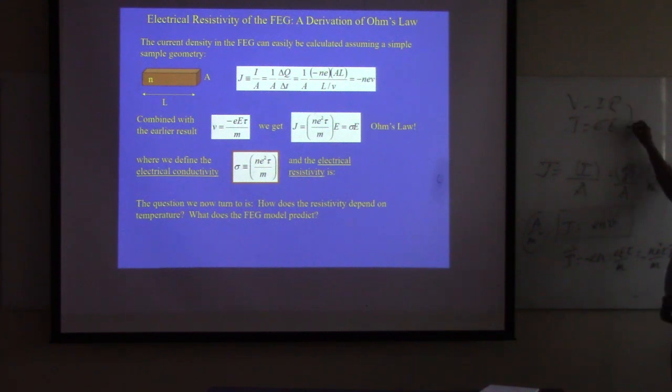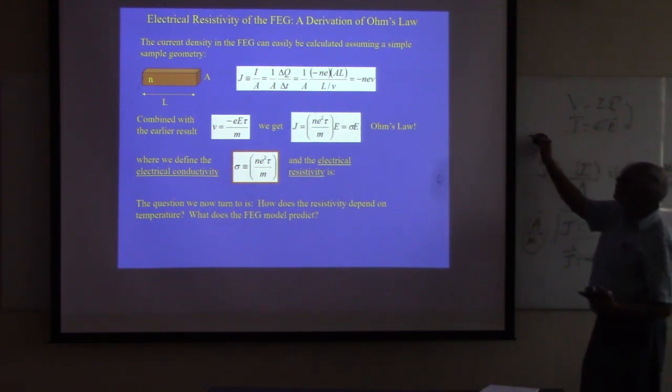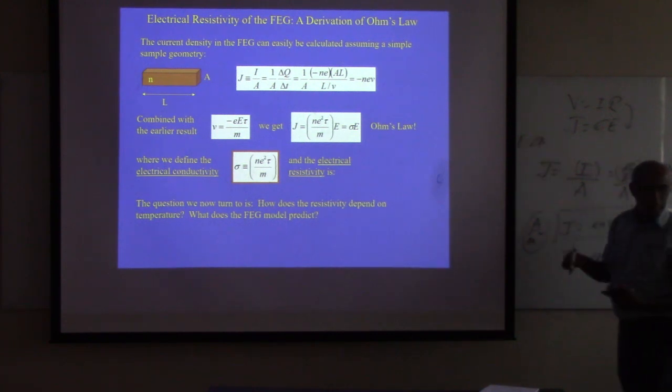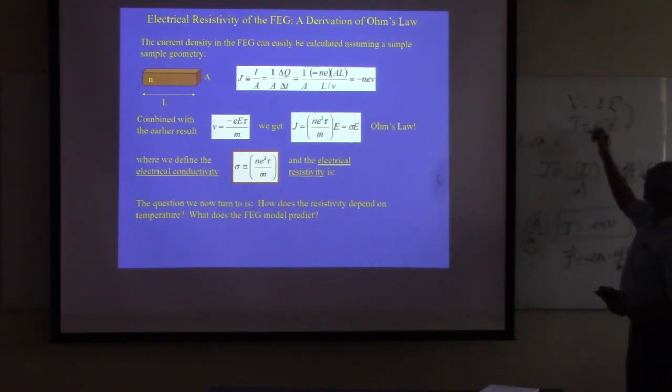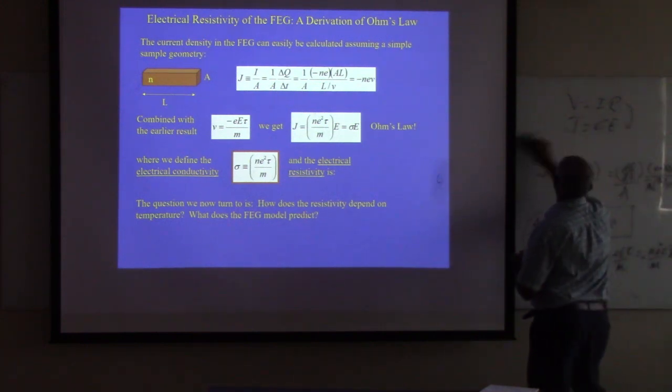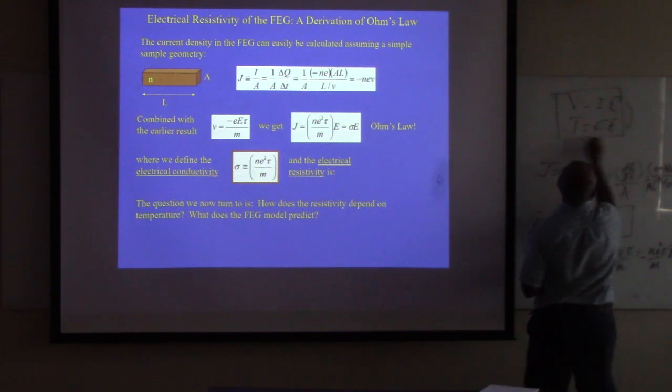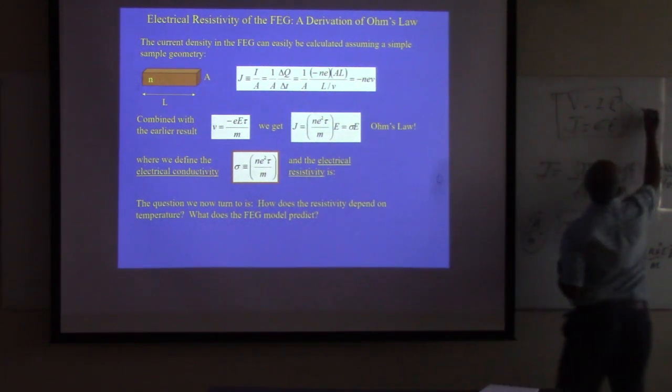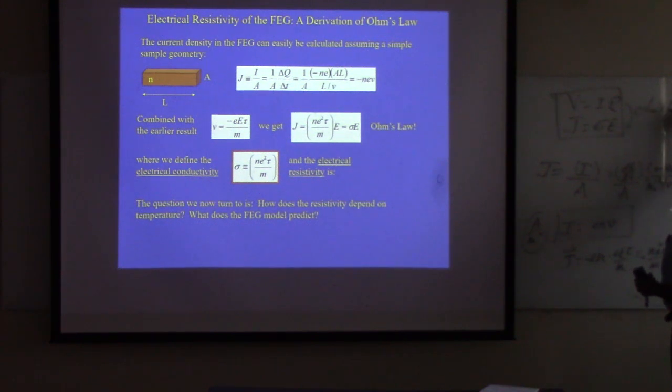You can easily show this, because V, the potential difference, is the potential gradient E times some distance, and I you can write as J times A. I haven't defined R yet, I'll show you after I define R. Right now just remember Ohm's law. These are equivalent expressions.